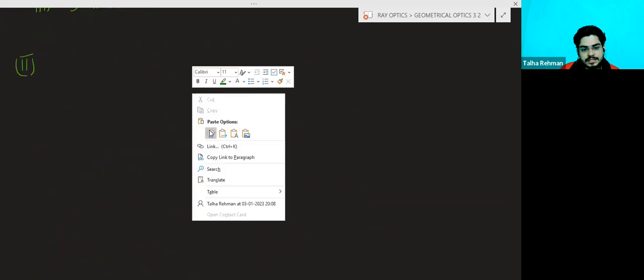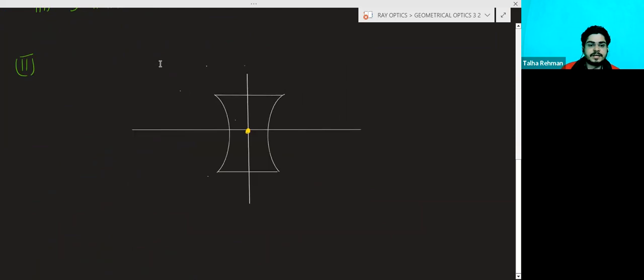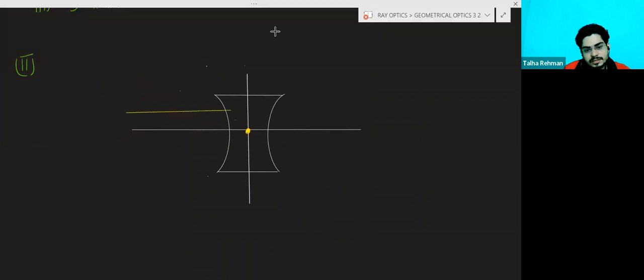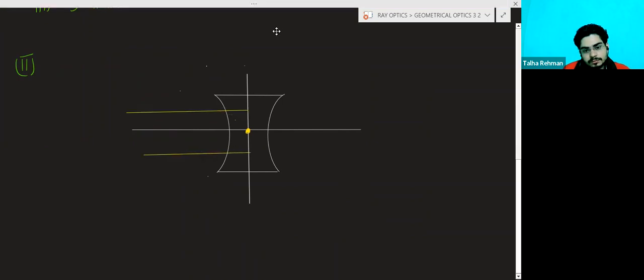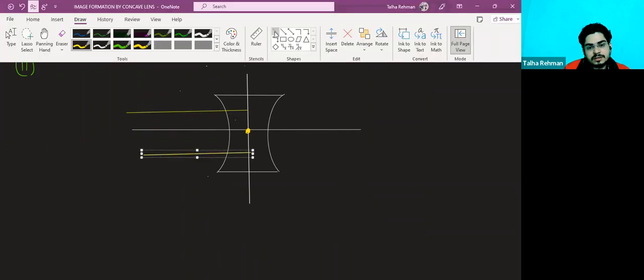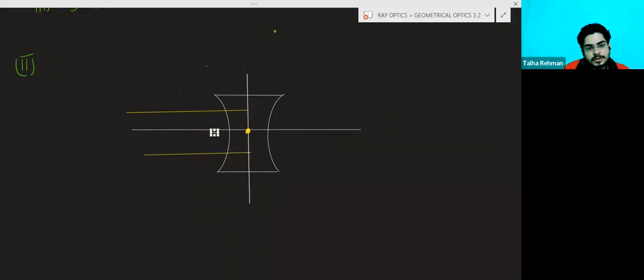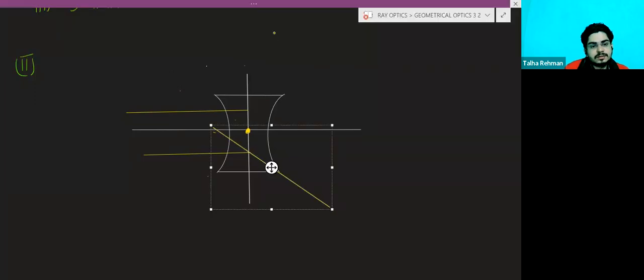This is the concave lens, and from infinity, the rays are parallel to the principal axis and parallel to each other also, like this. These will be the rays. So these rays will appear to meet at focus like this.